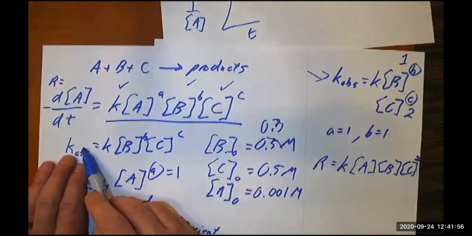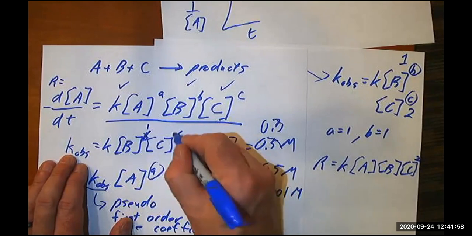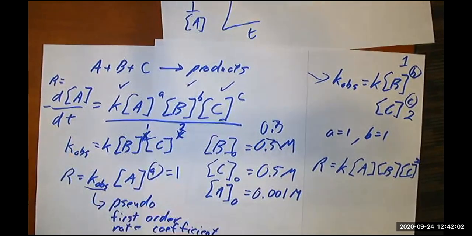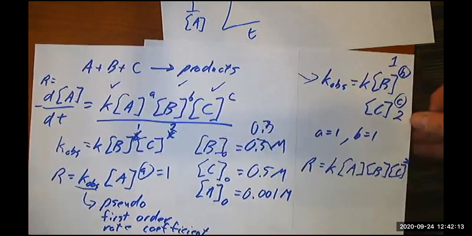You plug in K observed, you know this is a 1, you know this is a 2. You plug in the concentrations you have, and so you get K. So that is the method of flooding. It is a very powerful tool because it takes a complicated rate law and isolates one species at a time that is changing.